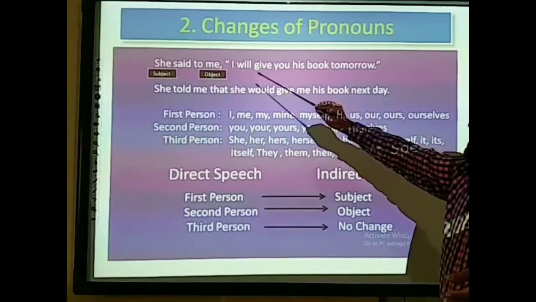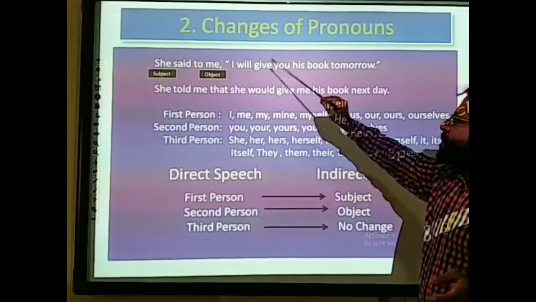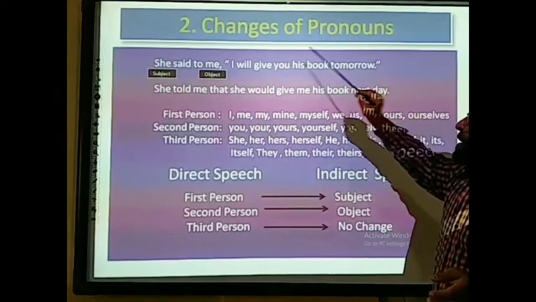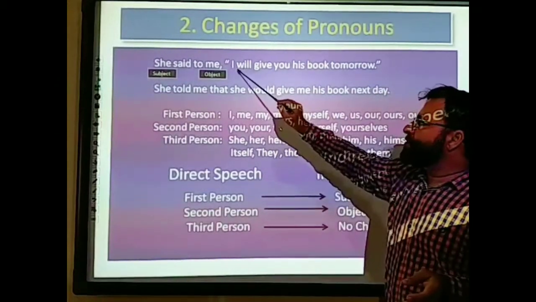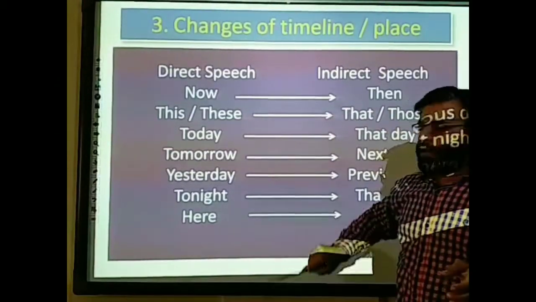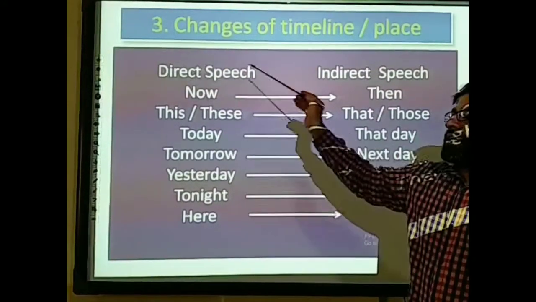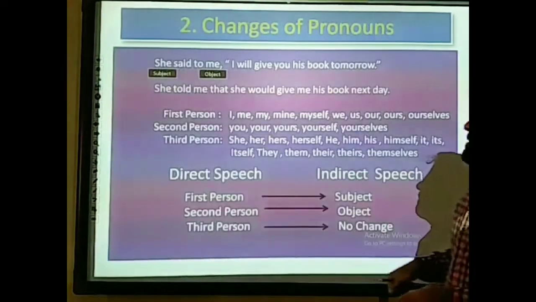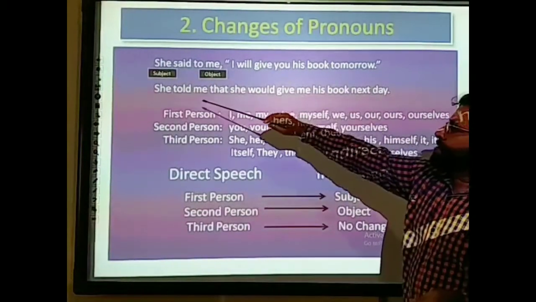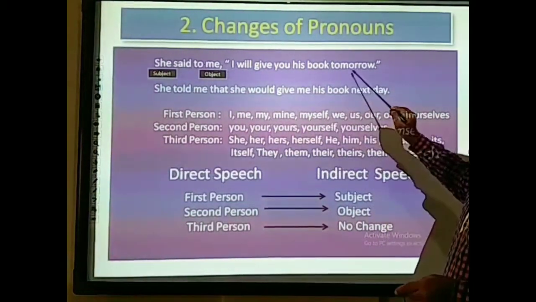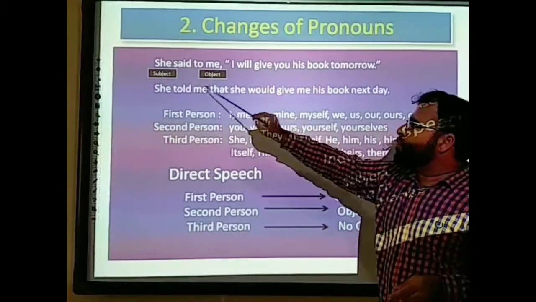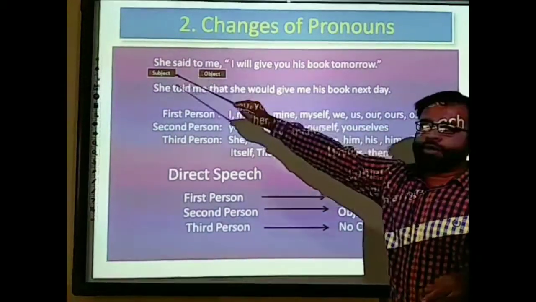For example, this sentence: She said to me, "I will give you his book tomorrow." So, she told me that... the first person changes according to the subject, so "I" becomes "she."